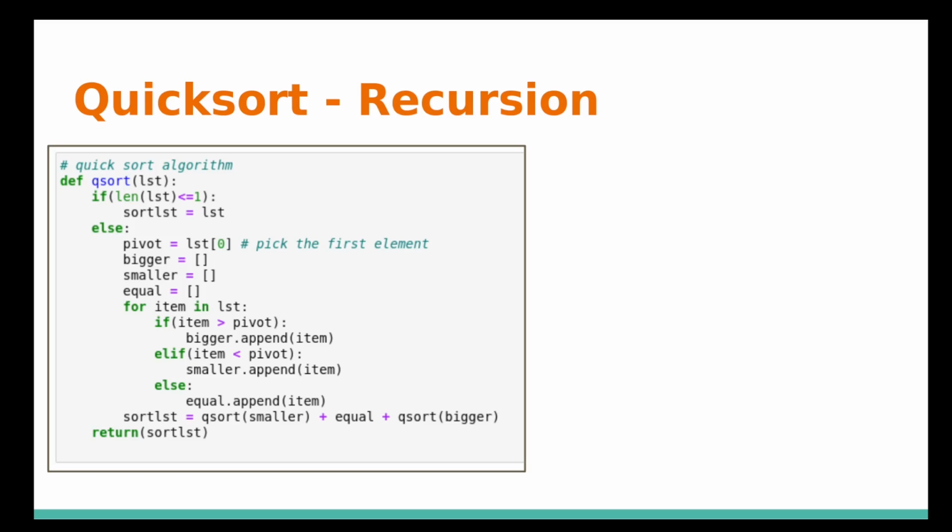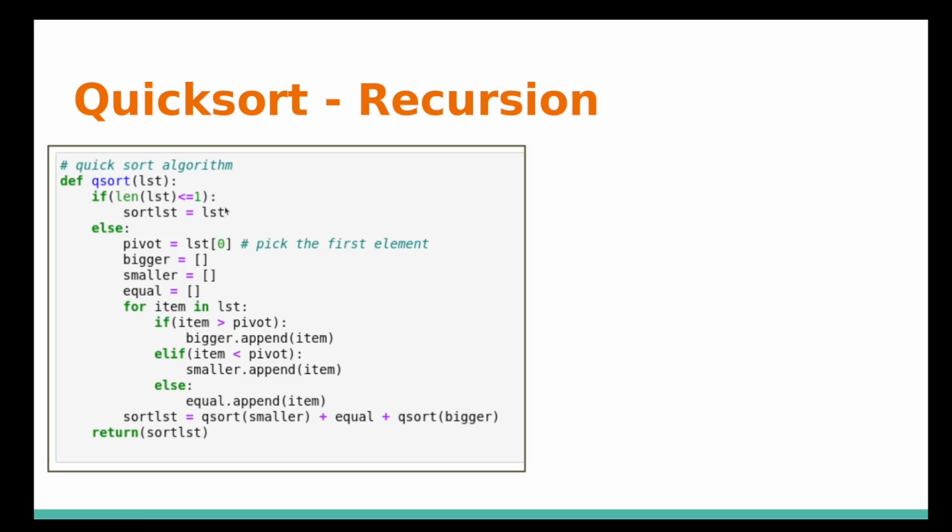Again, to show you the code, we define a function qsort, and we say that if the length of the list is less than or equal to 1, meaning if I just send you an empty list or a list with a single element, then the sorted list is equal to the list.